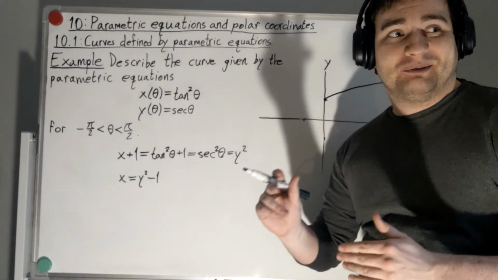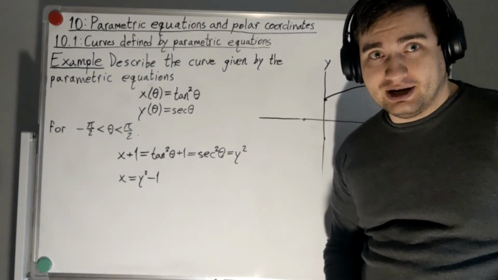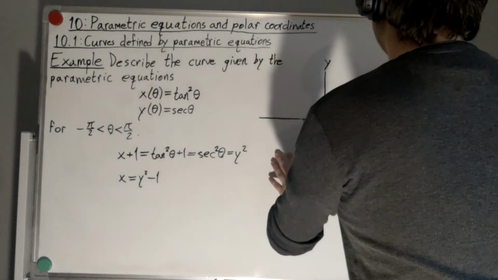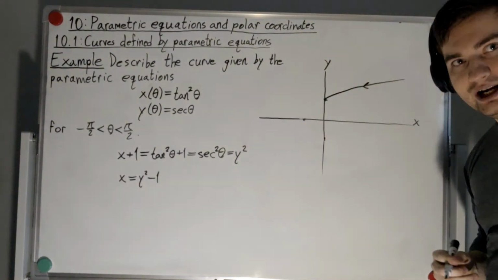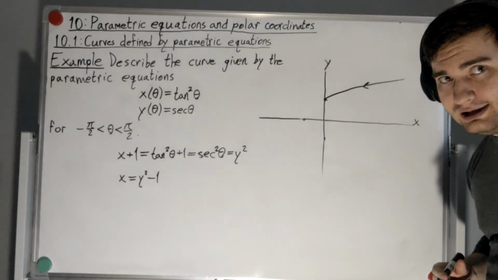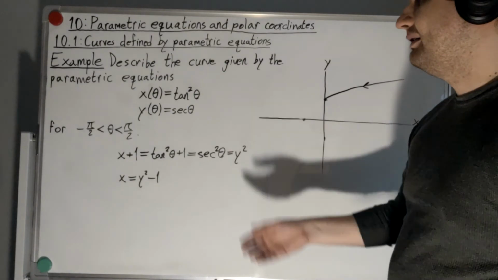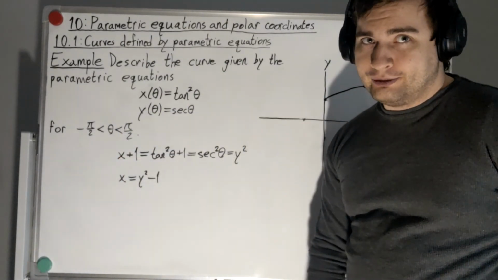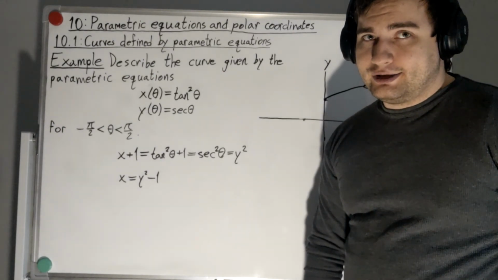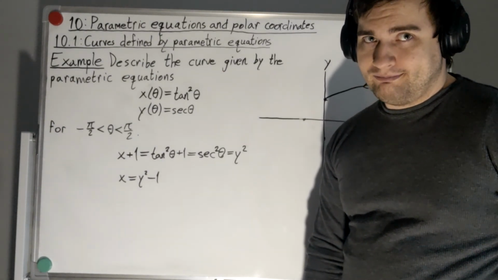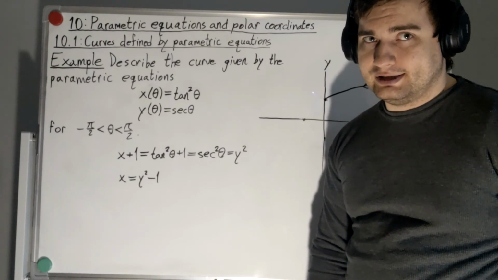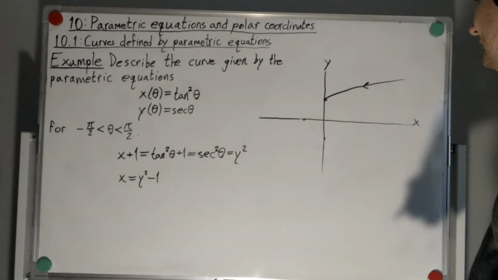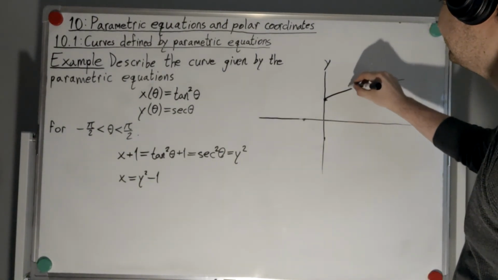The secant would be positive and decreasing. Okay? So that seems to indicate that we're moving down the y-axis, which would seem to indicate that we're moving like this direction, right? Well, if theta is between 0 and pi over 2, then the cosine is positive but decreasing, which means that the secant is positive and increasing, which means that y is increasing. So that would seem to indicate that we're going the other way.